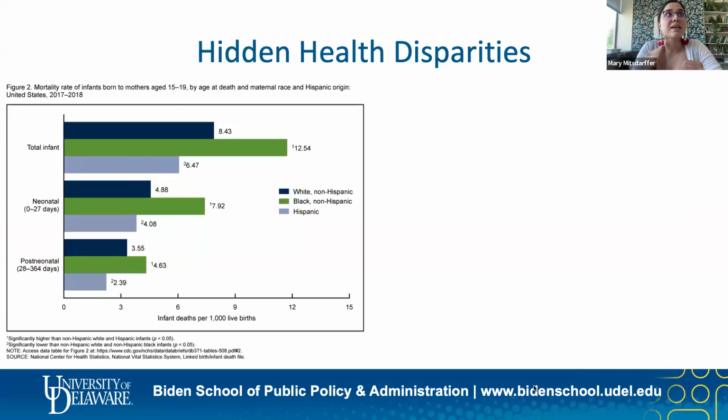And if we take, let's say, birth outcomes, for example, Latina mothers and birthing parents are typically seen as better birthers, with birth outcomes closer to that of white parents and white mothers, right?